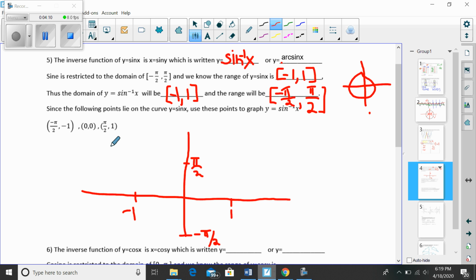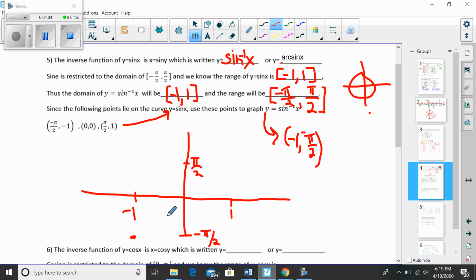Okay, so these are points on the sine curve, which means for points on the inverse sine curve, I just switch the x and the y. So now I have the point (-1, -π/2). So plot that. Oh, I'm sorry, that should be a negative -π/2.